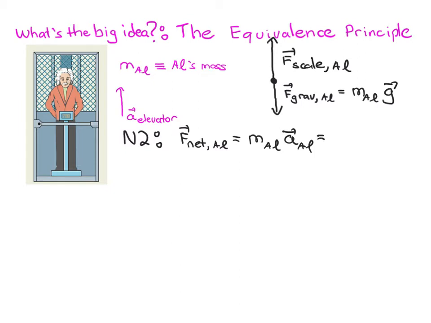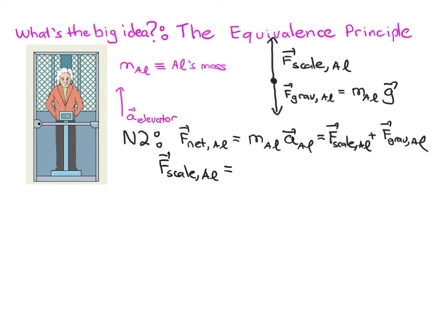And the net force, if we look at our free body diagram, there are two forces that appear in the free body diagram acting on Al: the force of the scale on Al and the force of gravity on Al. And now I just want to rearrange this equation. I want to solve for the force of the scale on Al.